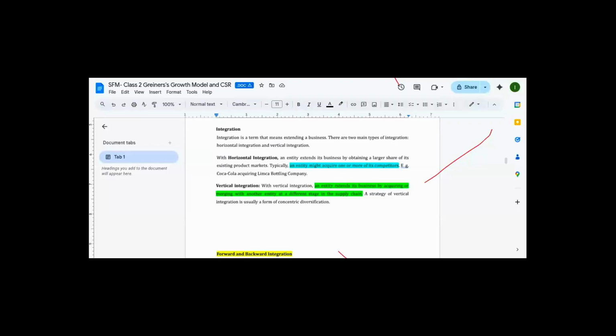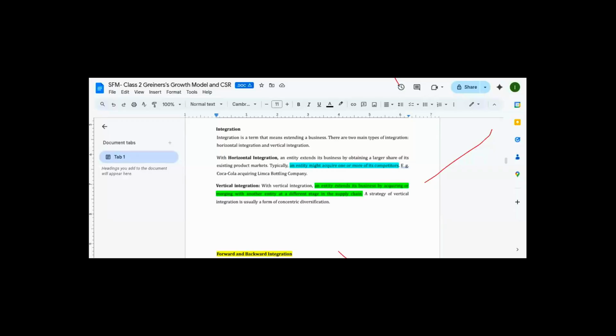Can you quickly think within one or two minutes and tell me the reason why Coca-Cola invested in or acquired Limca Bottling Company? Because this was a company that once sued Coca-Cola Bottling Company. I could recall that time, it sued Coca-Cola Bottling Company for marketing and unethical competition. Is there any idea?